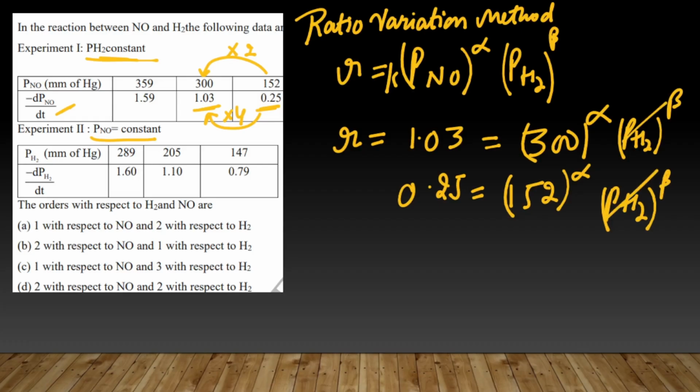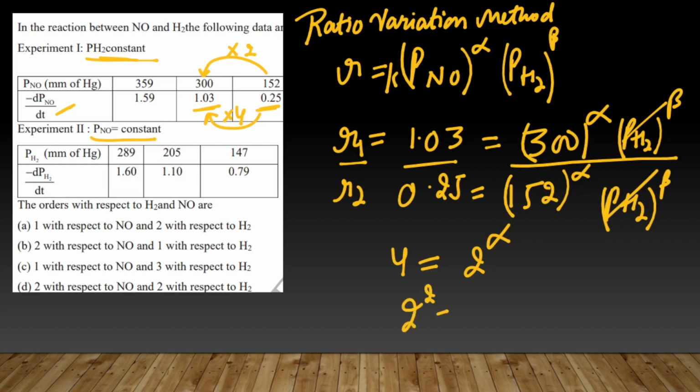So these two will get cancelled out if you take the ratio of these two rates. This is becoming 4 times approximately, and this is 2 raised to the power of alpha. So R1 over R2: 2 raised to the power of 2 equals 2 raised to the power of alpha, which means the order with respect to NO is 2.